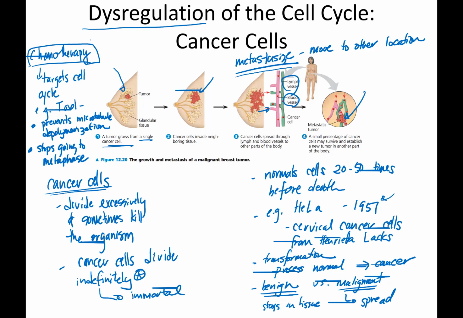Because it doesn't know to attack a tumor cell versus a normal cell, right? That's why the side effects are so terrible. Anyways, I think cancer sheds light on how important it is to know how the cell cycle is regulated. And that brings us to the end of regulation of the cell cycle.